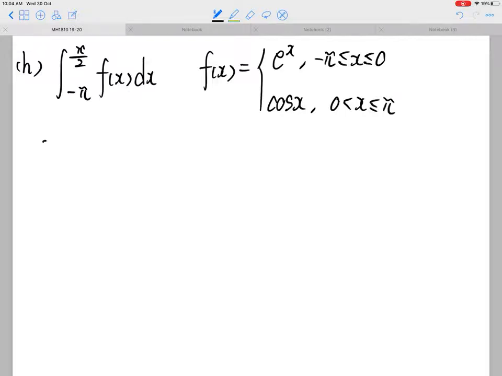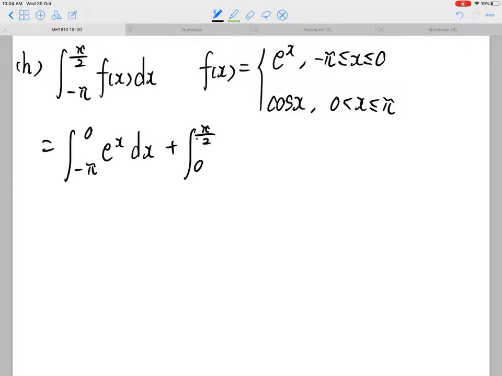So you have to divide this into two parts. First part is from negative pi to 0, where the function is e to the power of x dx. And the second part is from 0 to pi over 2.